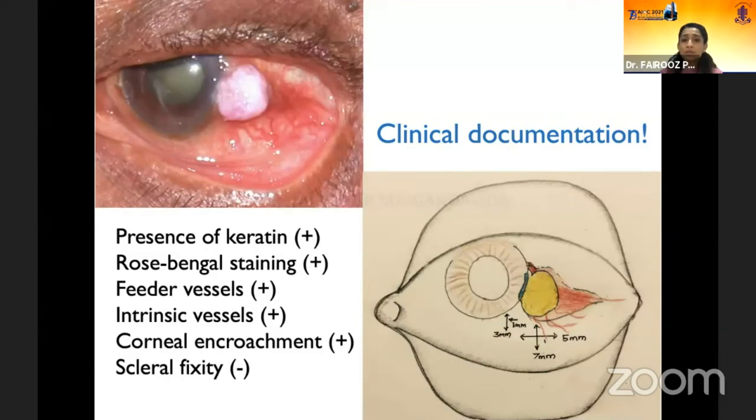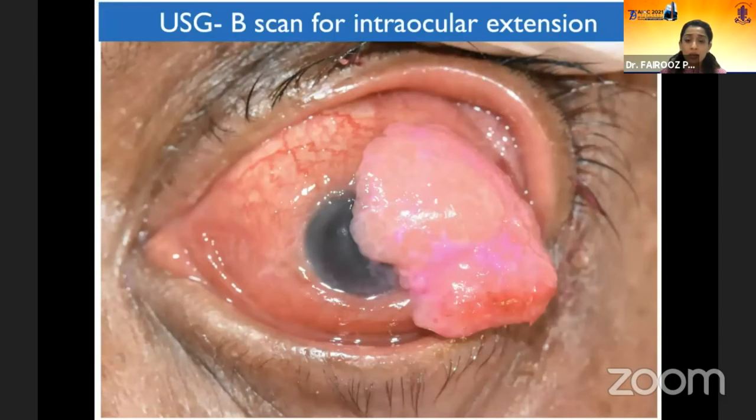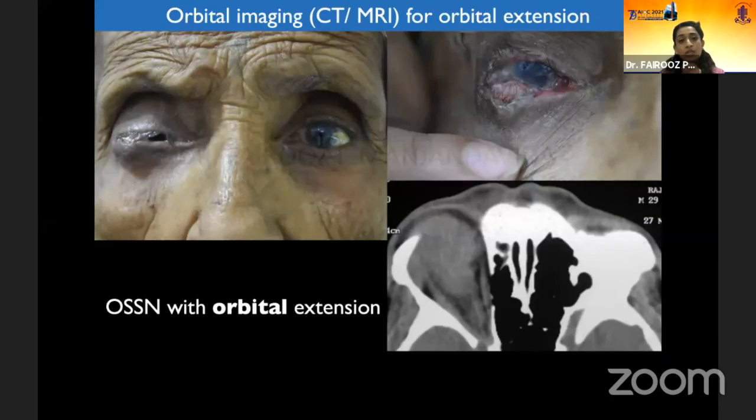So clinical documentation is very, very important, be it whatever lesion, to reach an accurate diagnosis for better management of this lesion. This is exactly how we document our patients. Ultrasound B scan is indicated. Other investigative modalities, if you're suspecting intraocular extension in larger lesions, include orbital imaging in those lesions where you're suspecting intraorbital extension.